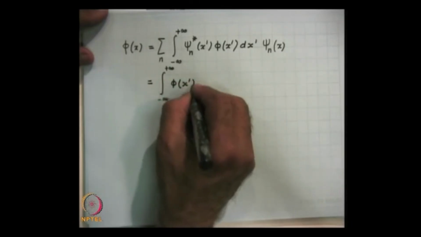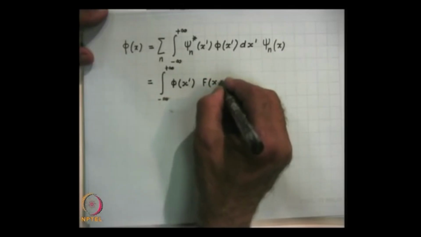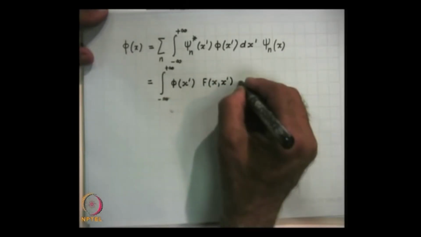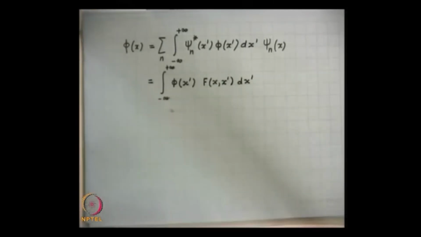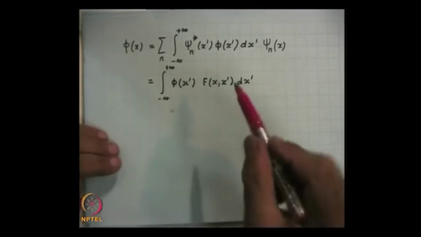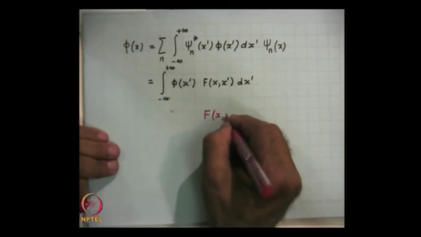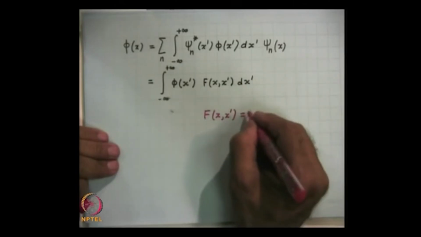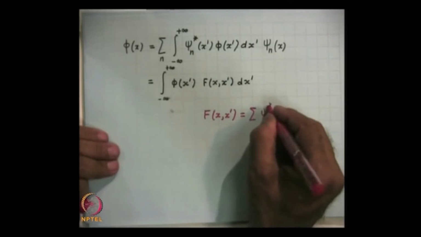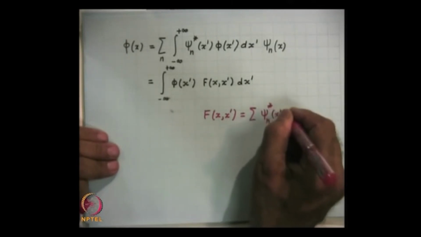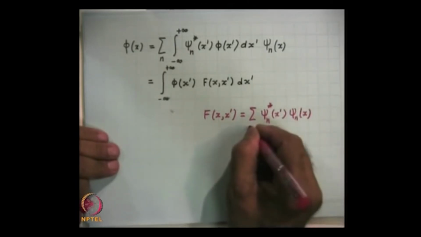Phi of x prime, and then some function of x comma x prime, dx prime, and as you would have noticed, f of x comma x prime is the summation of psi n star x prime multiplied by psi n of x, summed over n.